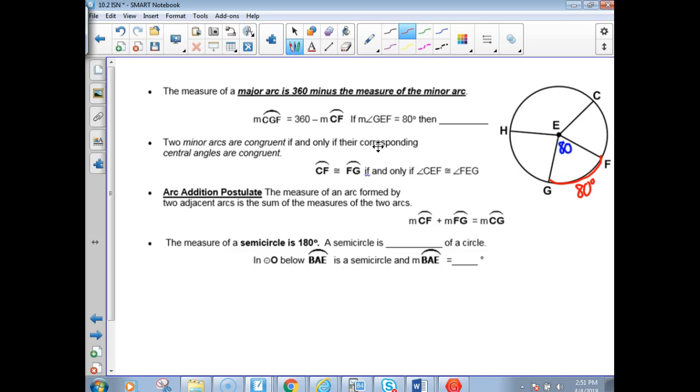So if you wanted to find the major arc related to that arc, it would be arc F, C, G. Oops, I wrote the G before I wrote the C. Not supposed to do that. Arc FCG would equal 360 minus 80, which would be 280 degrees.